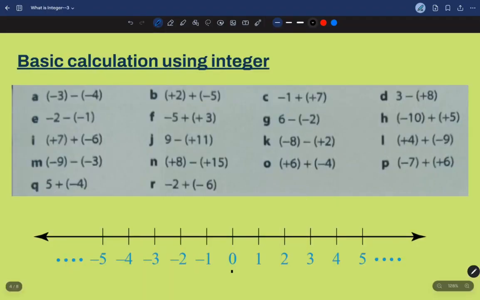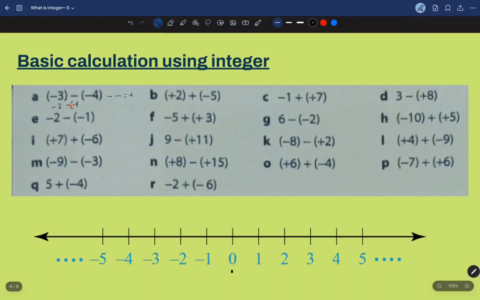Now, let's just get into calculation. How do we calculate negative 3 minus negative 4? In PYP, we have learned that if negative and negative come together, it becomes positive. With that principle, this changes to positive 4.